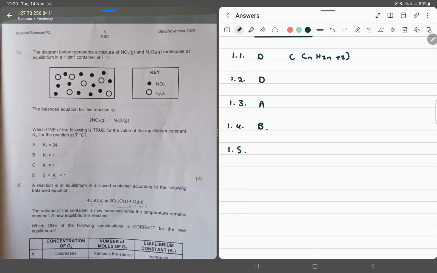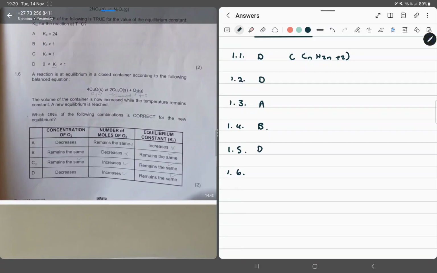So essentially, this one was a straightforward answer. The answer is D, because it cannot be equal to 1. It definitely is not greater than 1, and it is certainly not equal to 24. All right, so that is how that answer is looked at.